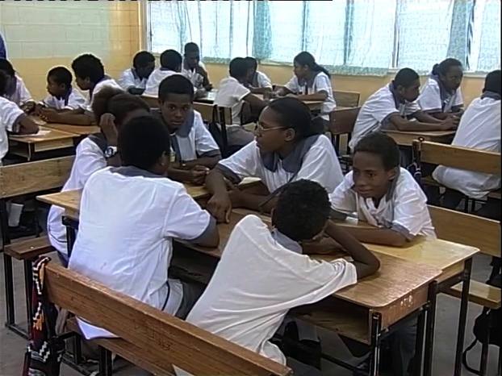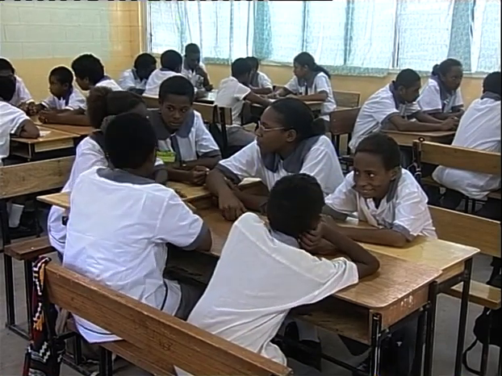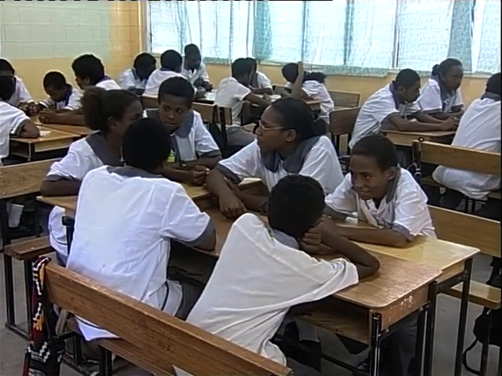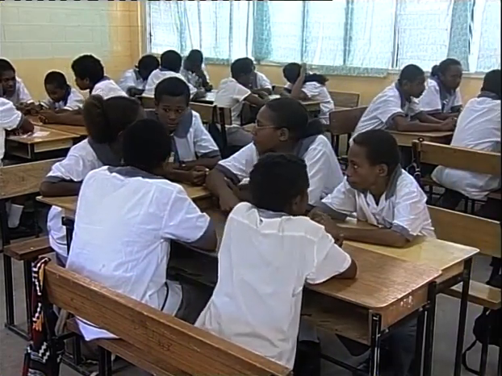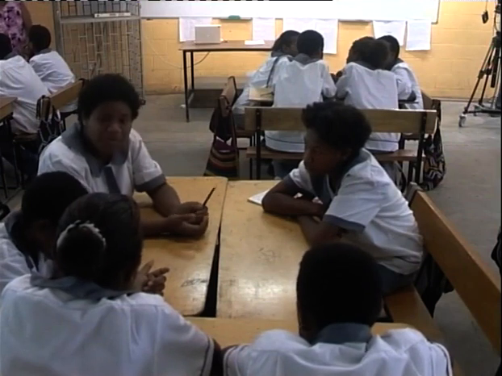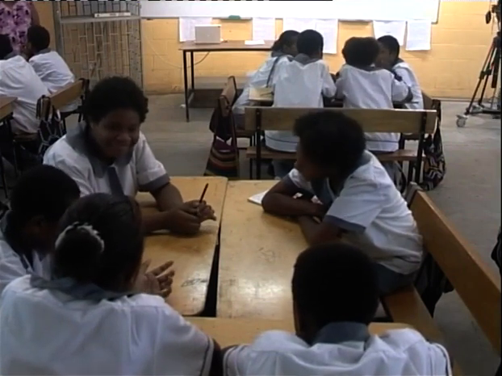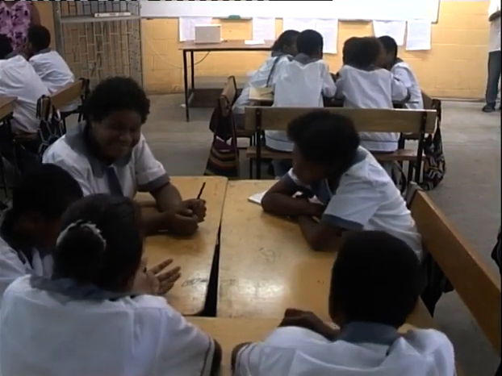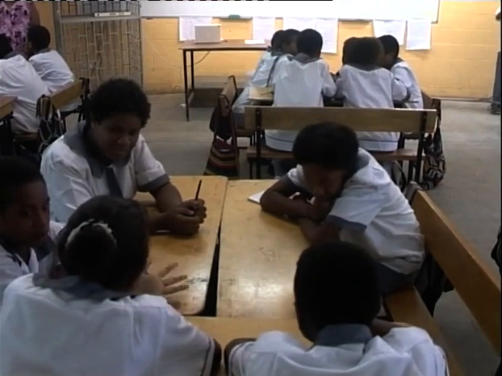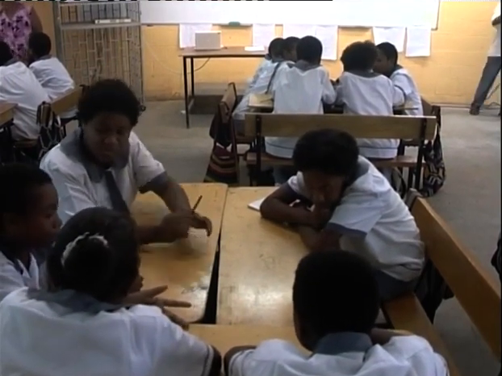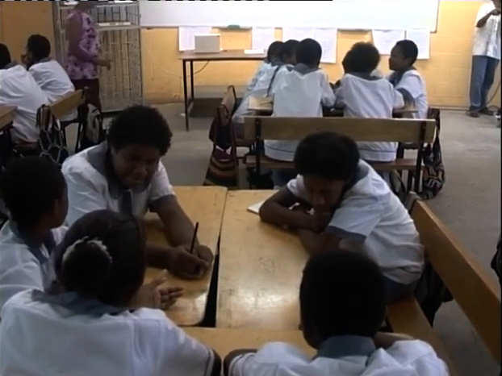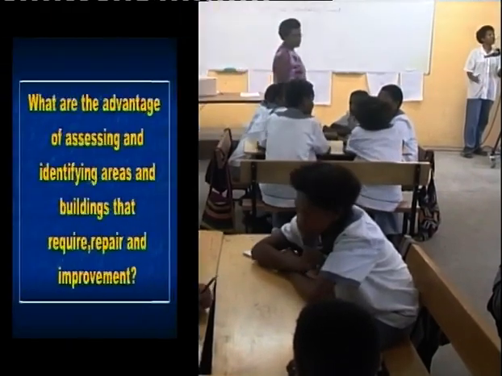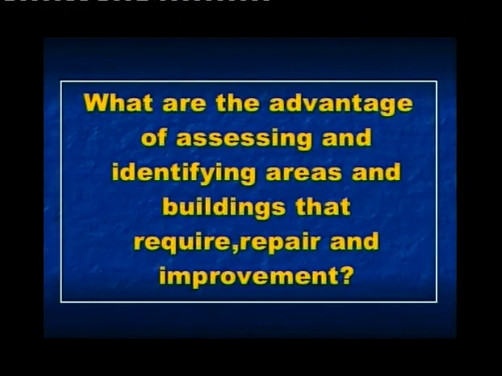Just one, and then you can raise your hand now. When you think of one quickly, come up with the answer. Just one, okay? One good thing. You did assessment and identified areas. So what was good about that? After you have done that, how is it going to help you? Come up with one. If you come up with your answer, you can raise your hands so we can have your answer.